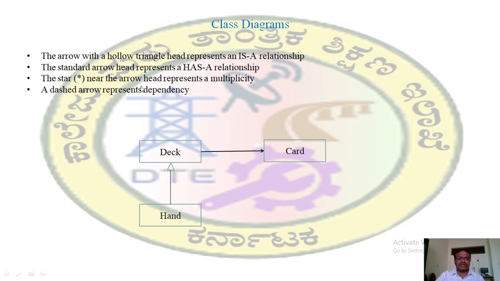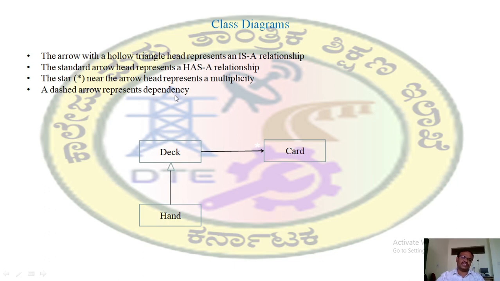And the star near the arrowhead represents the multiplicity. That is, a deck can have n number of cards, which is why you represent it using a star notation. And a dashed arrow represents the dependency, right?